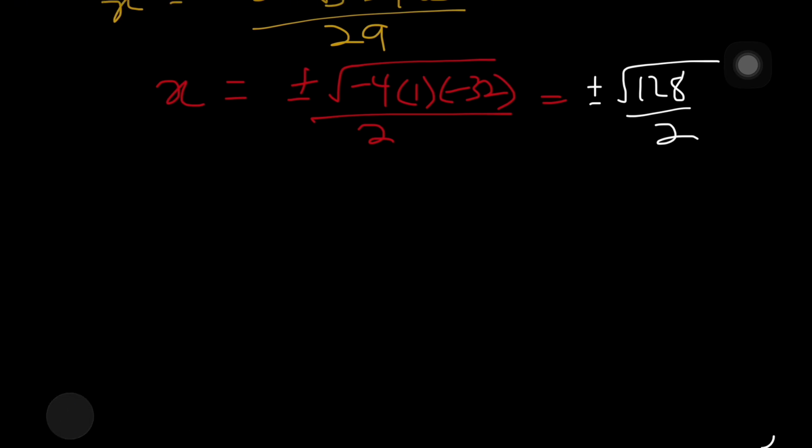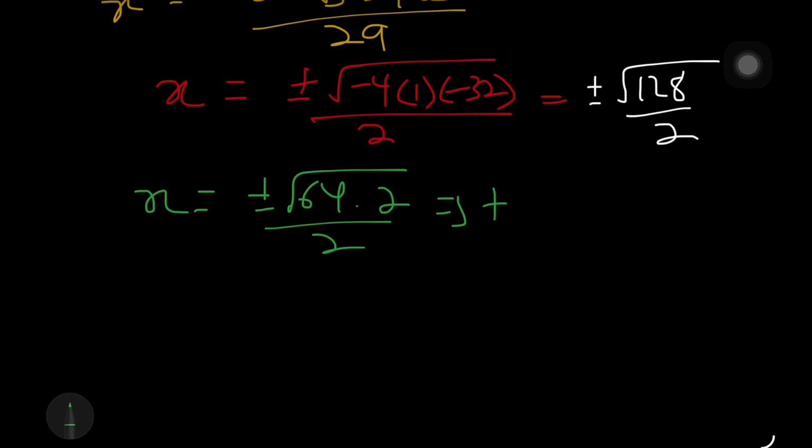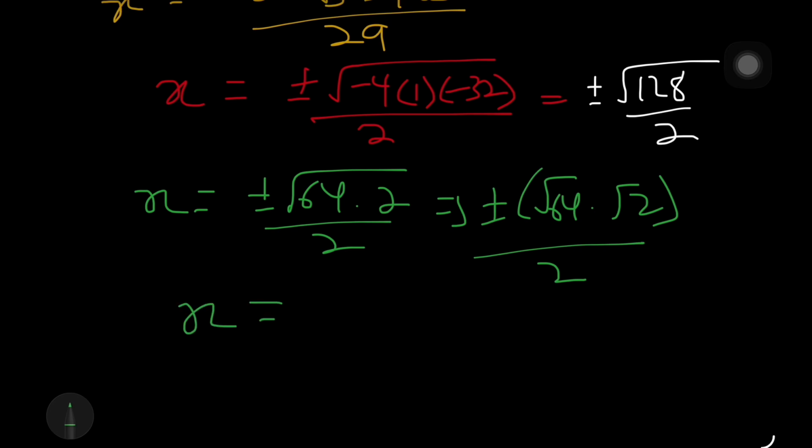From our knowledge of surds, x is going to be equal to plus or minus square root of 64 times 2, all over 2. That's going to be plus or minus square root of 64 multiplying square root of 2, all over 2.